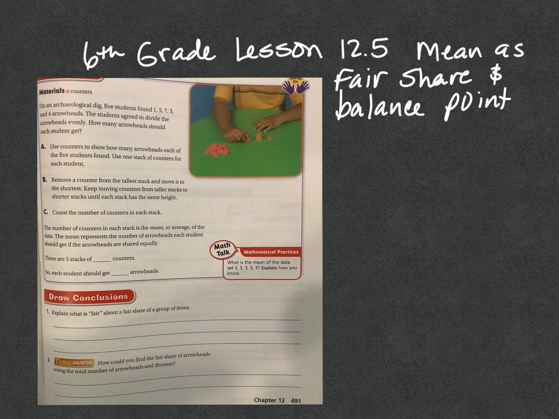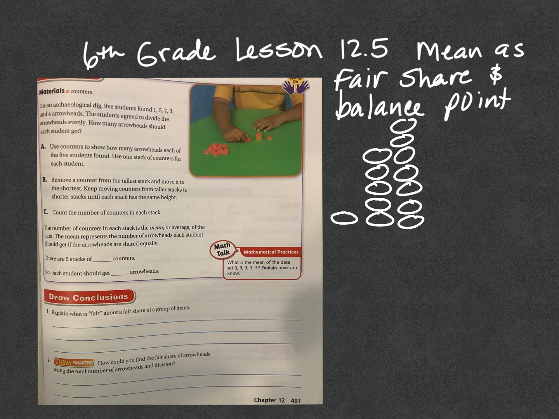So we could use the counters to show how many arrowheads the 5 students found. One found 1, another found 5, another found 7. He must have gotten a really nice area to search through. Another student found 3, and finally the 5th student found 4.